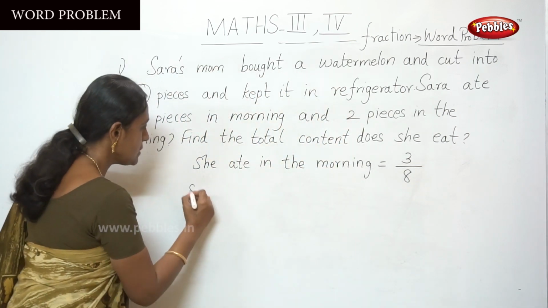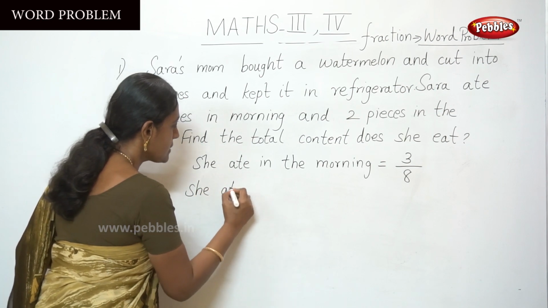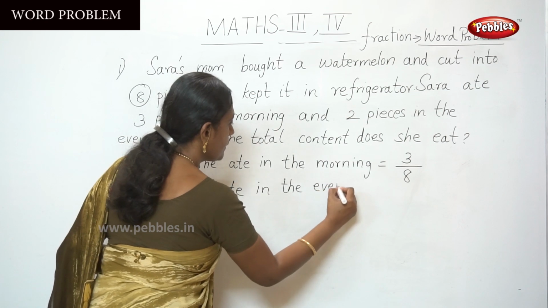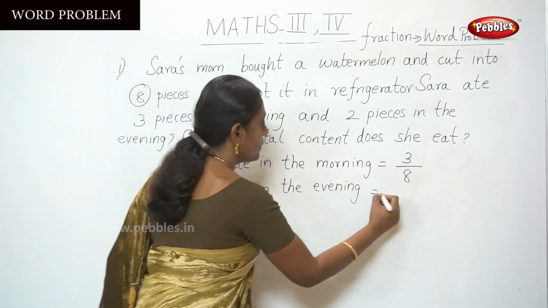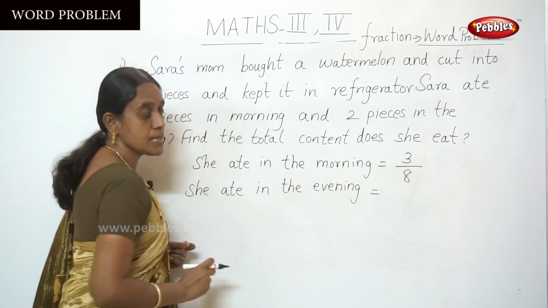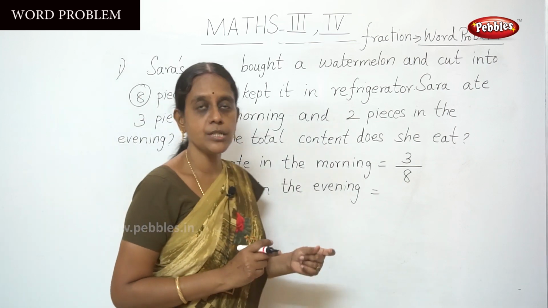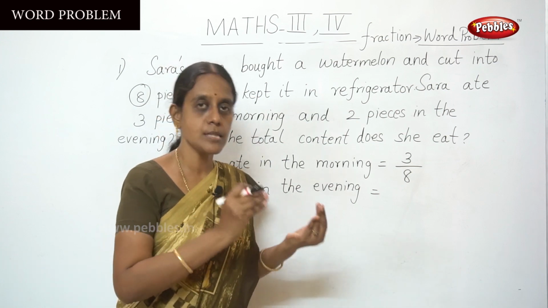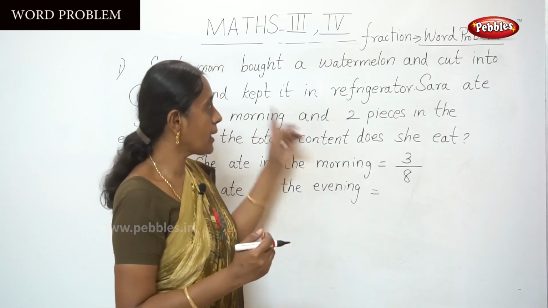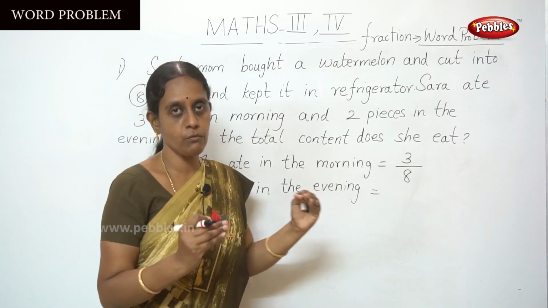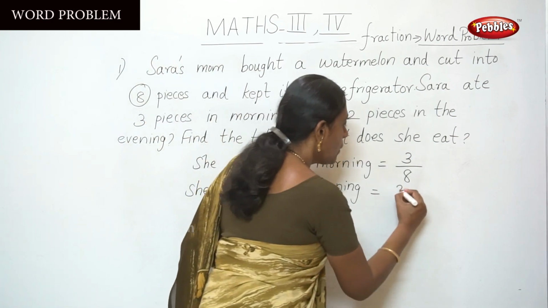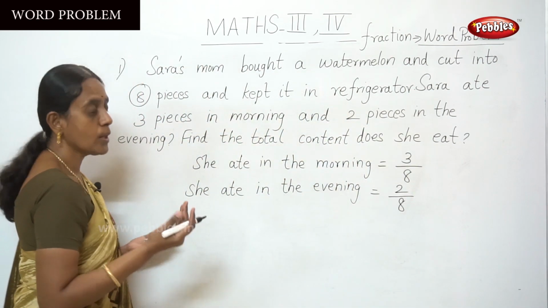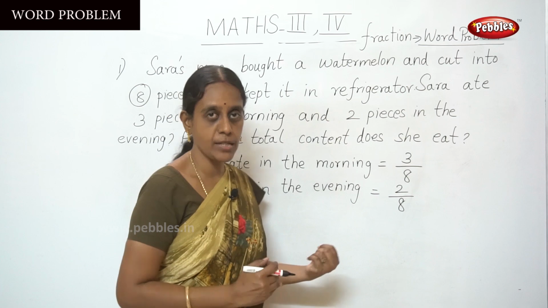And she ate in the evening 2 pieces. So here also put the fraction term 2 by 8. A fraction is a part of a whole. Here the whole means a total of 8 pieces of watermelon. So 2 by 8.